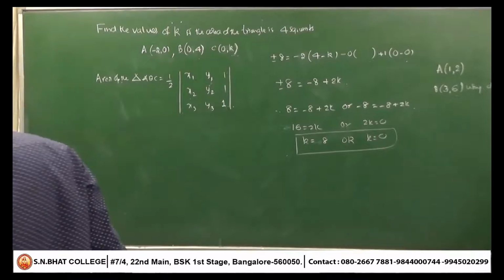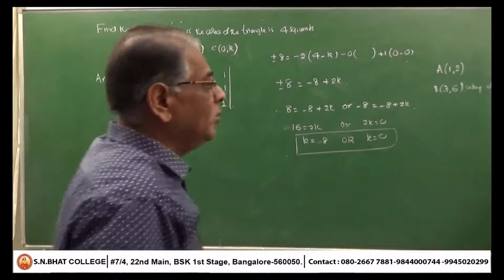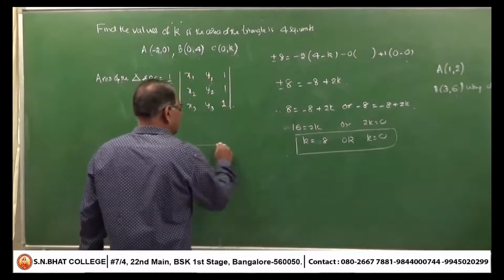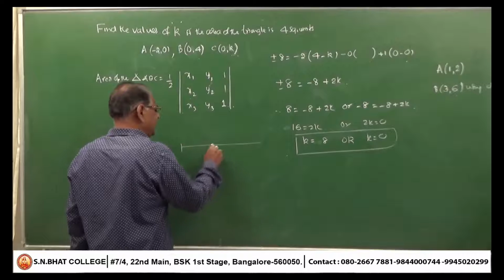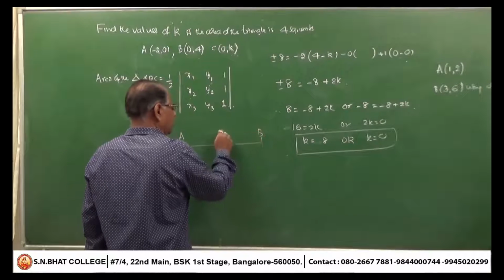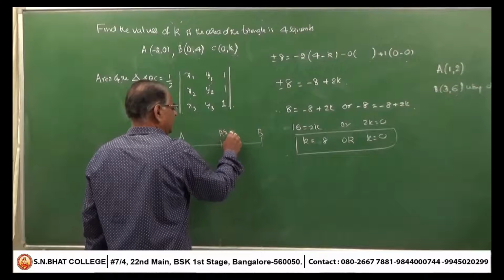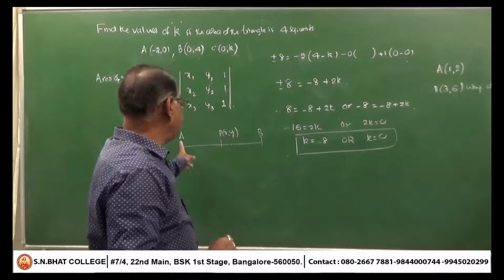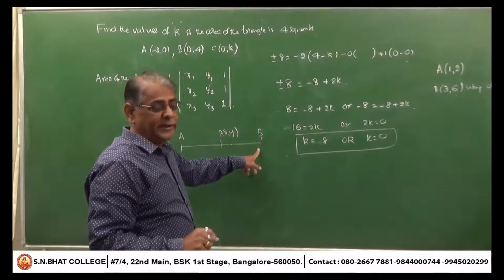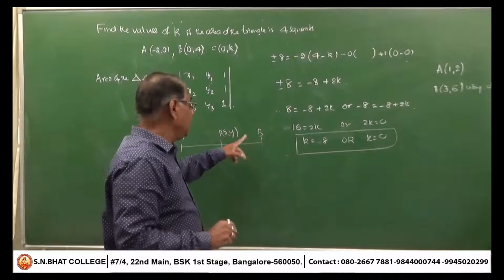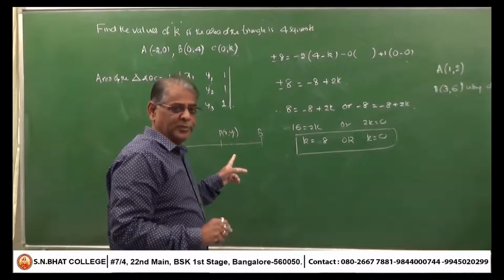Here we have to find the equation of the line. To find the equation of the line, we need 3 points. One is A, another is B. You have to take one more point as P (x, y). 3 points are said to be collinear when the area of the triangle must be 0.